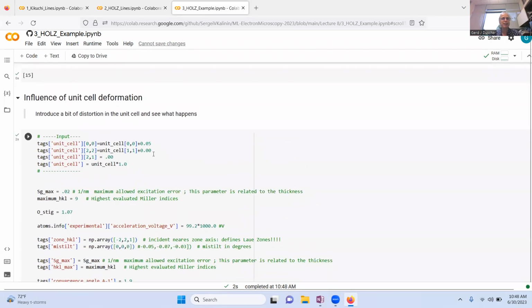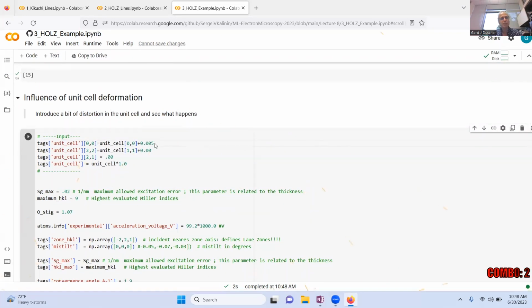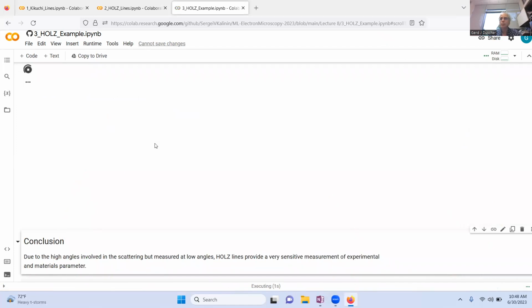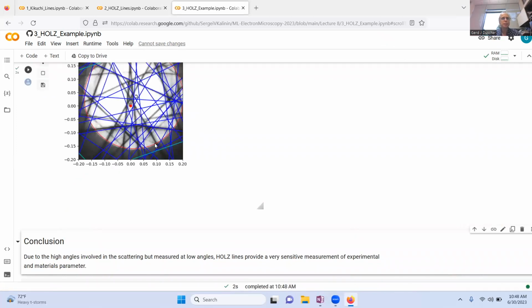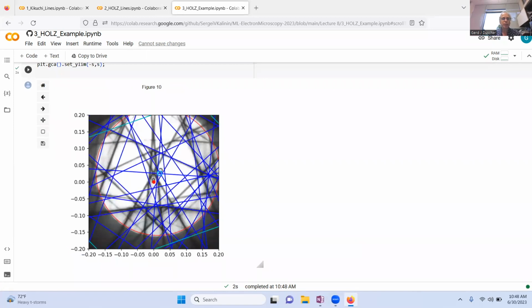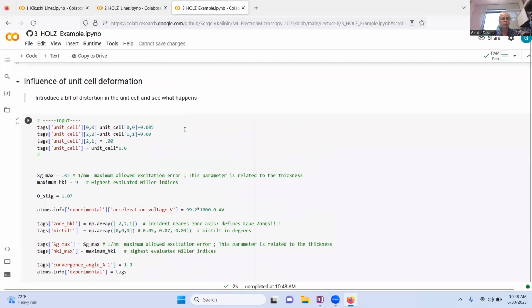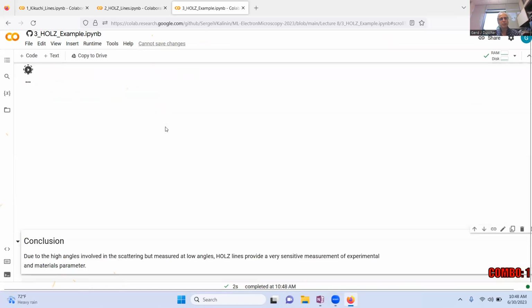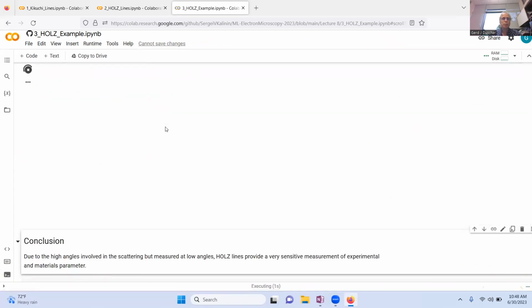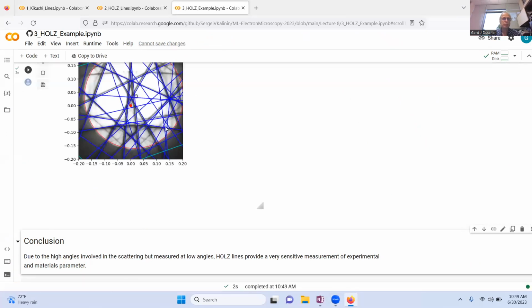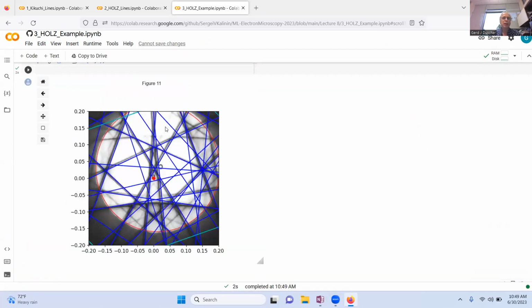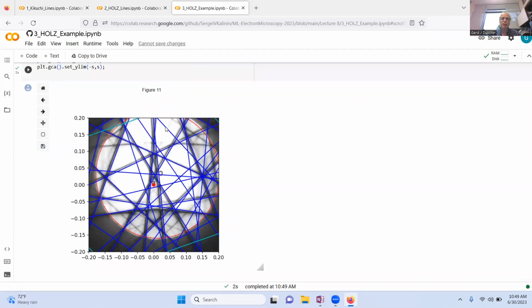Okay, let's go with an accuracy of half a picometer. Clear changes. We see how that is moving around. 0.1 picometer: still visible. Okay, so we have very small deviations here.